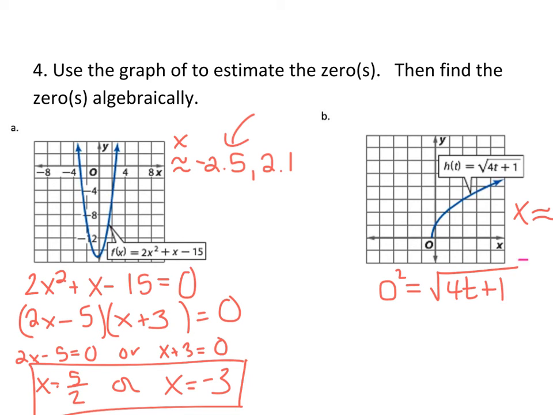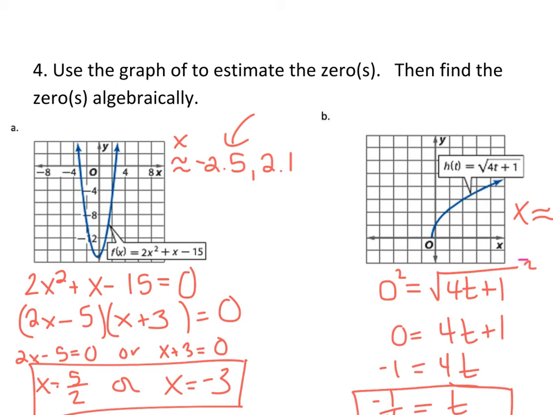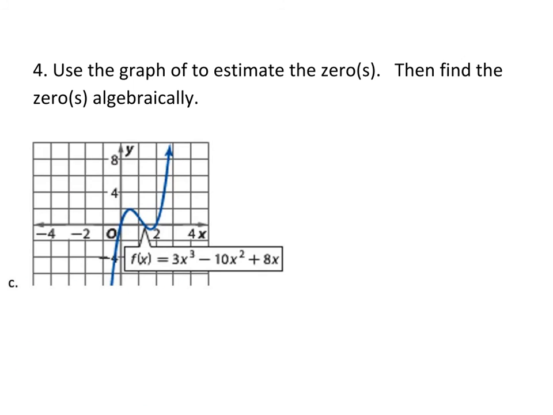If I square both sides, that gives me 0 equals 4t plus 1, and then I solve for t. Gives me -1 equals 4t, or divide and I get t equals -1/4. So not a bad estimate. So my t-intercept, or my x-intercept, is -1/4.